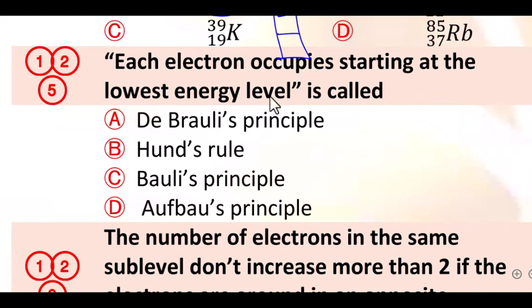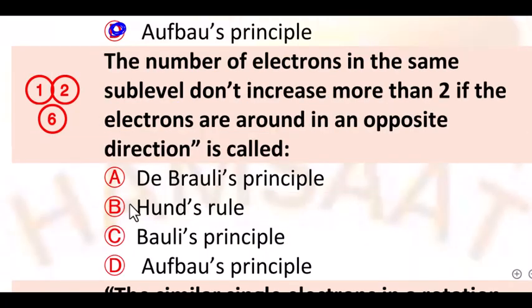Electrons occupying starting at the lowest energy level is called the Aufbau principle. The number of electrons in the same sublevel doesn't increase more than 2, if the electrons spin in opposite directions, is called the Pauli principle.